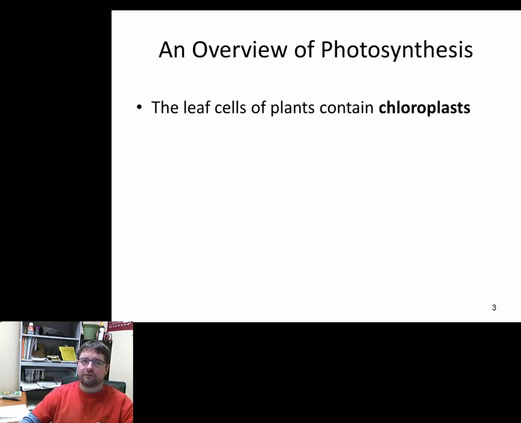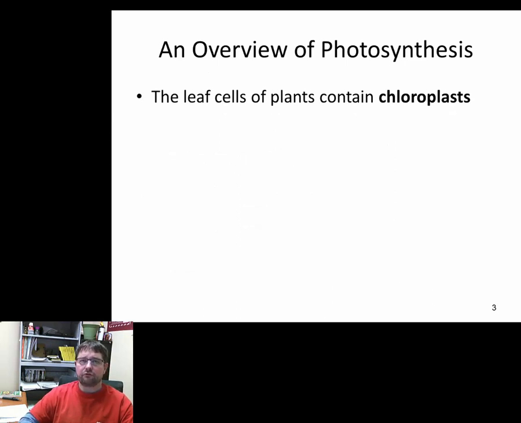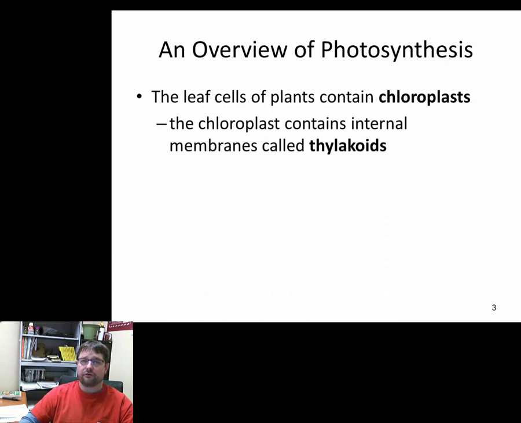Let's give an overview of this. Most of you know that photosynthesis occurs in chloroplasts, which are specialized organelles inside the plant's leaf. It doesn't have to be the leaf of the plant though. I'll show you some examples later, but with desert plants, like a cactus, the whole cactus is green.